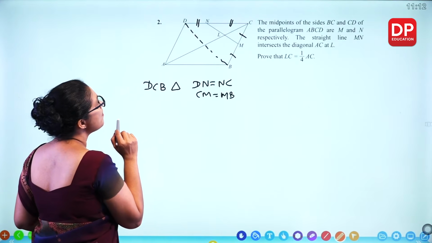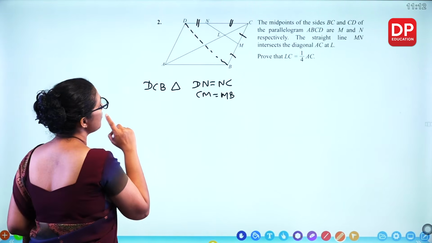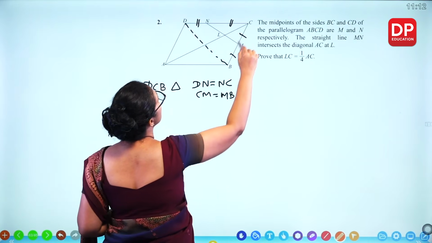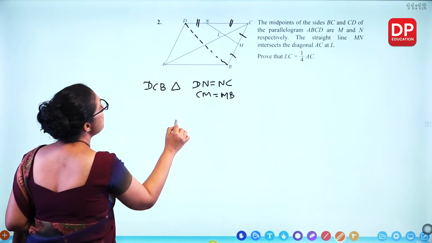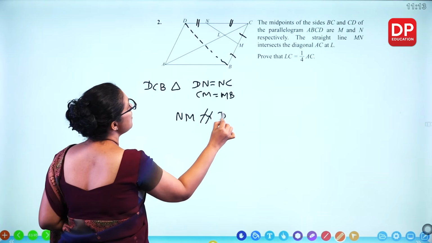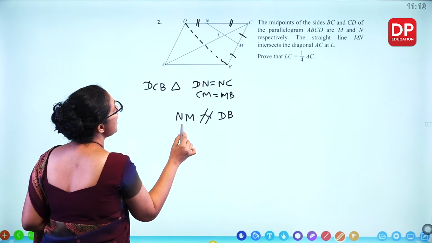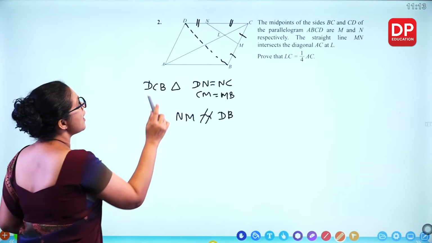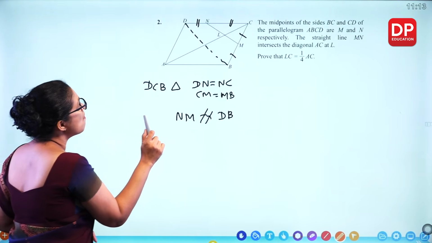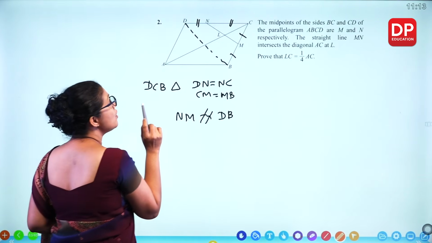So according to midpoint theorem, I can write down NM parallel to DB.